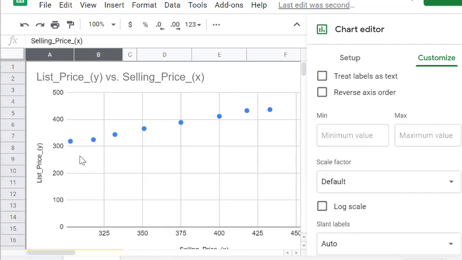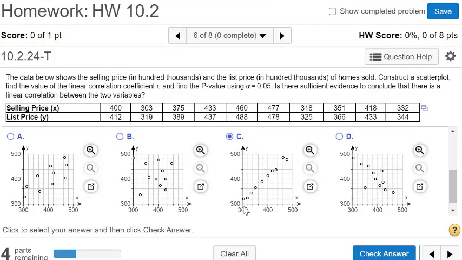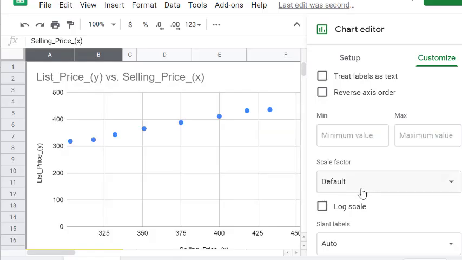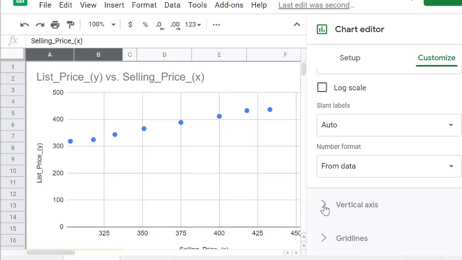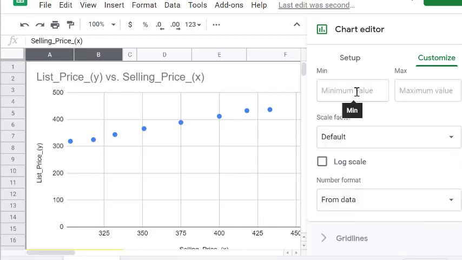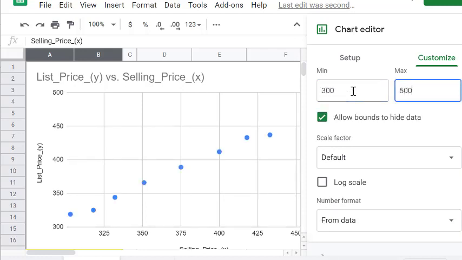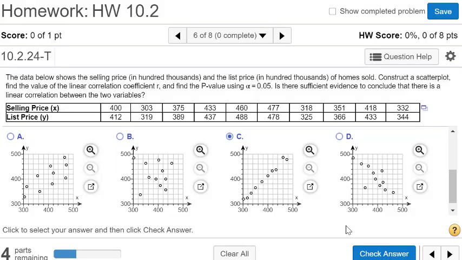It looks like the vertical axis for the choices that we have starts at 300, and so we can do the same thing here for the vertical axis, and have the minimum value be 300 and make it go up to 500. And now it looks a lot closer to choice C in the problem.